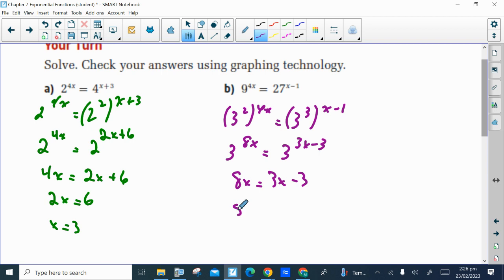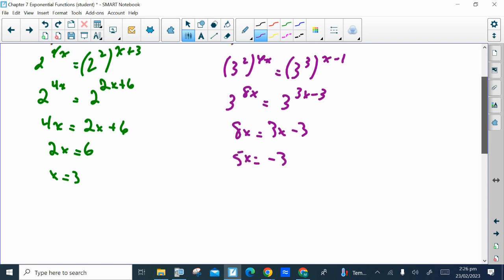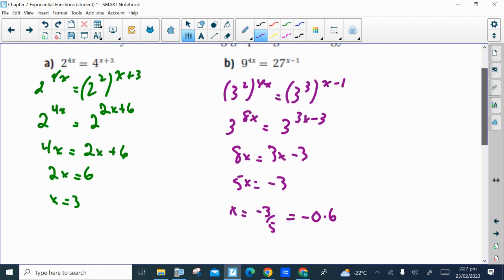When you subtract 3x from both sides, you'll get 5x on the left equal negative 3 on the right. So x will be negative 3/5, which is exactly negative 0.6. Be okay to use a decimal there because it's an exact value. So that should be where our point of intersection is. The x value at the point of intersection should be at negative 0.6.